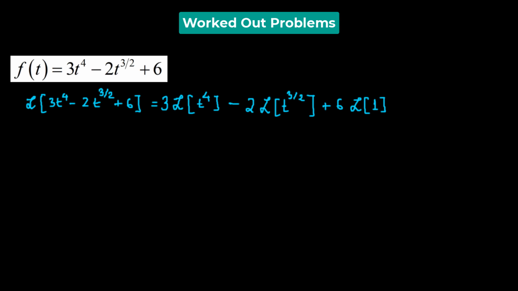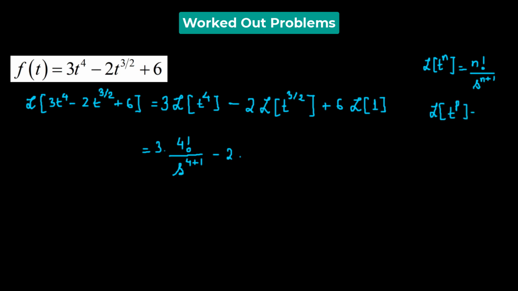So 4 here is a natural number. For the case of a natural number, we are going to apply the formula that the Laplace transform of t^n is simply equal to n factorial over s^(n+1). So we have 3 times 4 factorial divided by s^(4+1), minus 2 times, now here we have t^(3/2), so that 3/2 is a rational number, so we have t^p, and that is simply gamma(p+1) over s^(p+1).